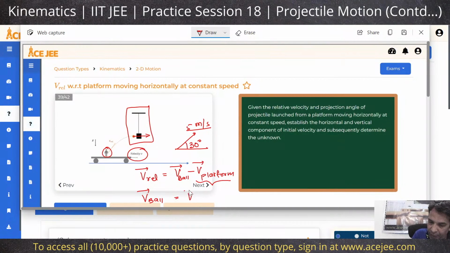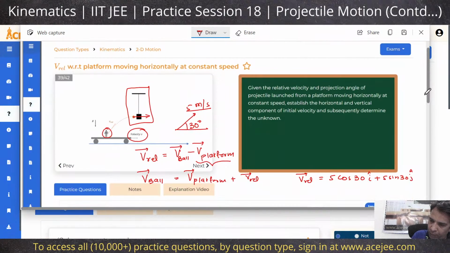It is V platform plus V relative. What is V relative? Or I should say the relative initial velocity, that is 5 cos 30 i cap plus 5 sin 30 j cap.